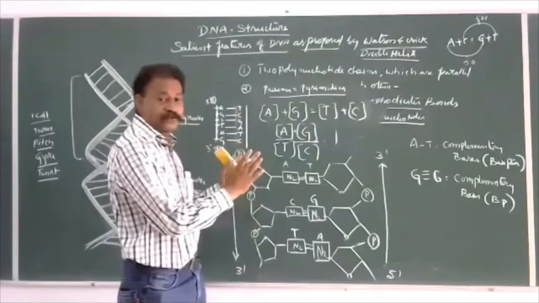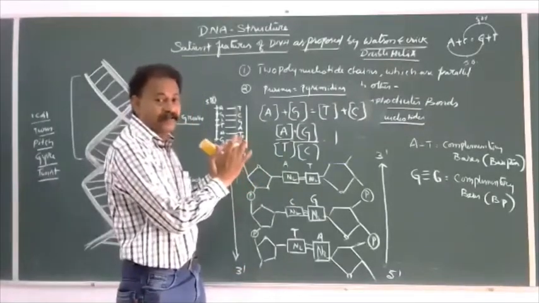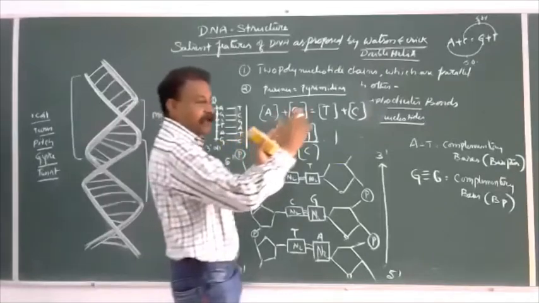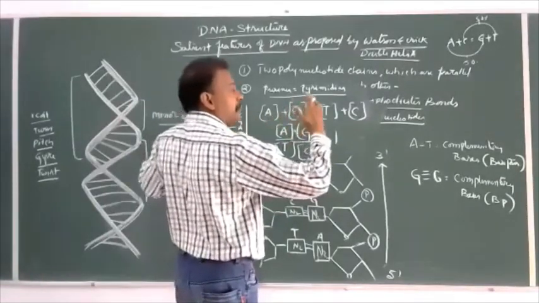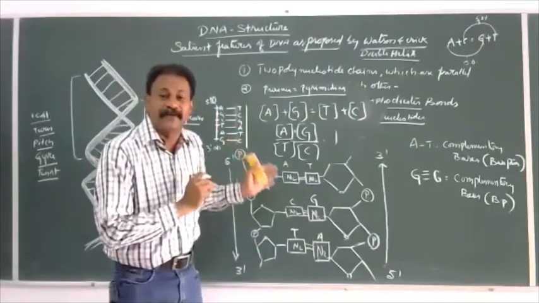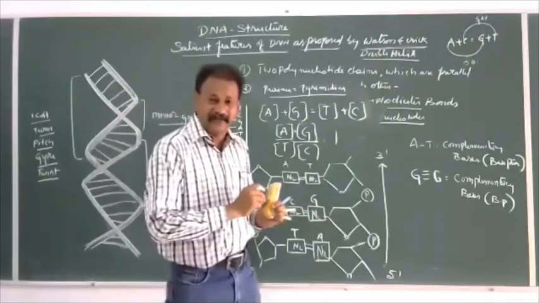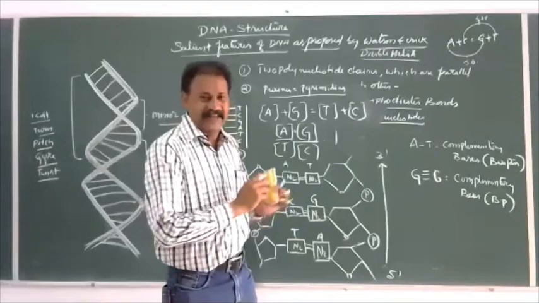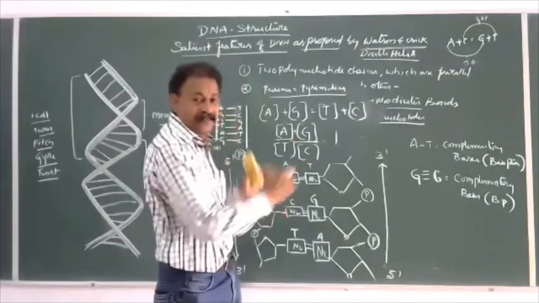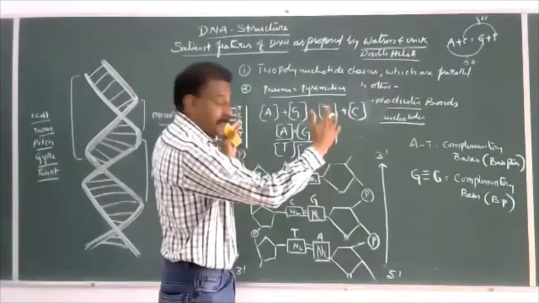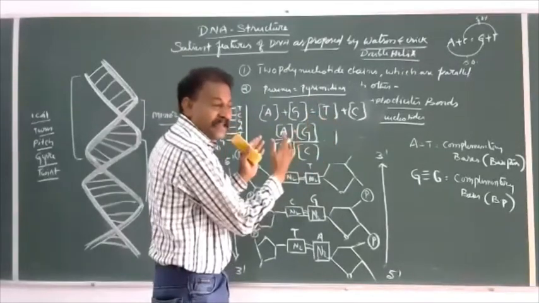a purine which is a double ringed compound, another purine double ringed compound, the distance of the DNA will be more wider. If a pyrimidine bonds with another pyrimidine, for example, thymine bonds with cytosine, the distance of the DNA polynucleotides will be very narrow.